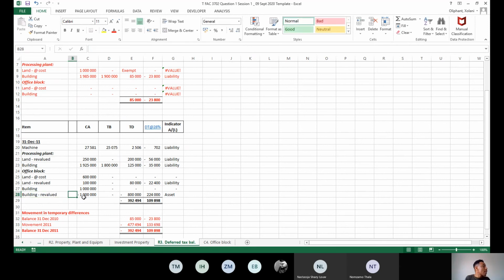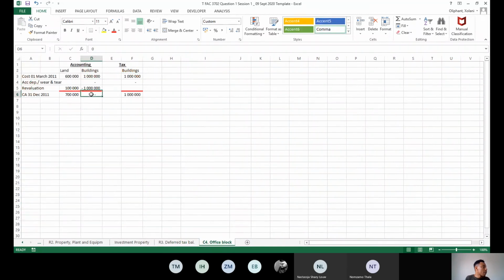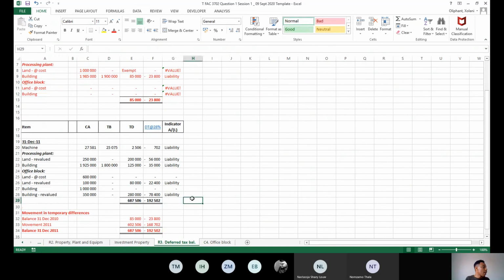How much is the revalued amount of the office block? Initially the building cost R1 million, but in terms of the valuation that was done, the building was sitting at, is it 1,350 or 150? Let's check quickly. The building was sitting at 1.35 million, so we've revalued the building by 350,000 rand.